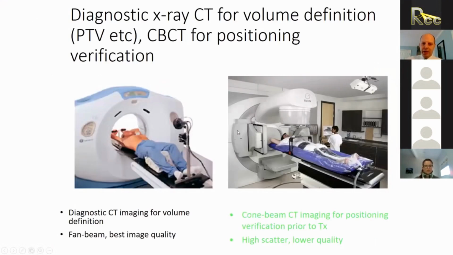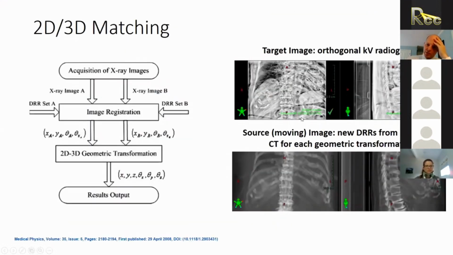For this 2D/3D match, what's fixed are your images taken at the time of treatment, and then you create new projection images from your CT iteratively with different translations until you get a really good match. I wouldn't worry too much about the details, just know that this is something that's out there. Basically, it flips the picture so that you can create lots of different potential DRRs and find the best DRR that matches to give you the right translation of your patient.